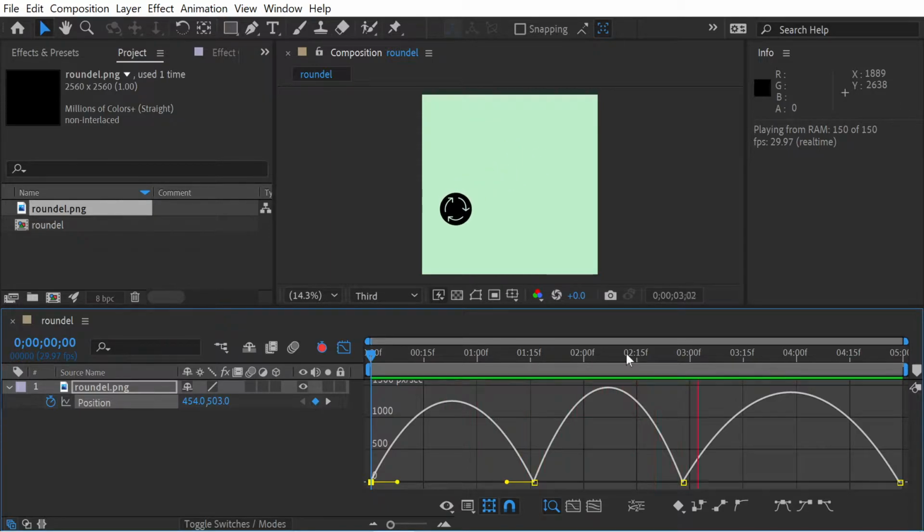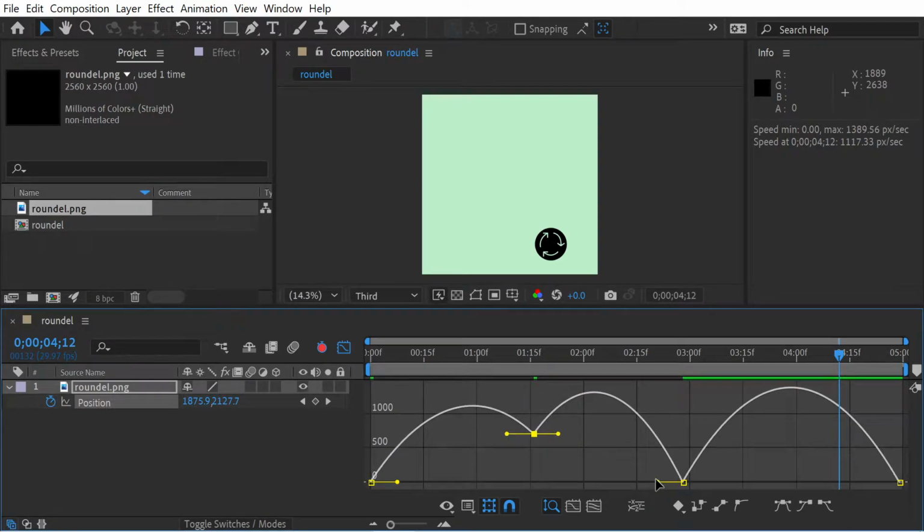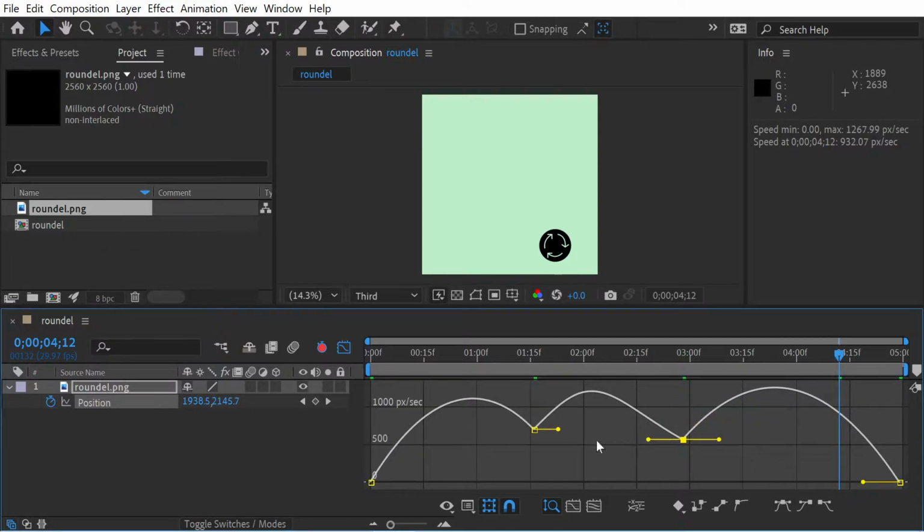But you see, it doesn't look right in the middle. So there's this button here, which is called influence, I believe. Yeah, influence. So if you increase the influence in the middle ones, you can imagine it a bit like drawing a hill. If you're drawing a hill, you would normally start at low points here. So let's have a look. All right, and so remember, this means the speed is not going to decrease as much, so it's not going to have those weird moments of just stopping right in the middle of its path.